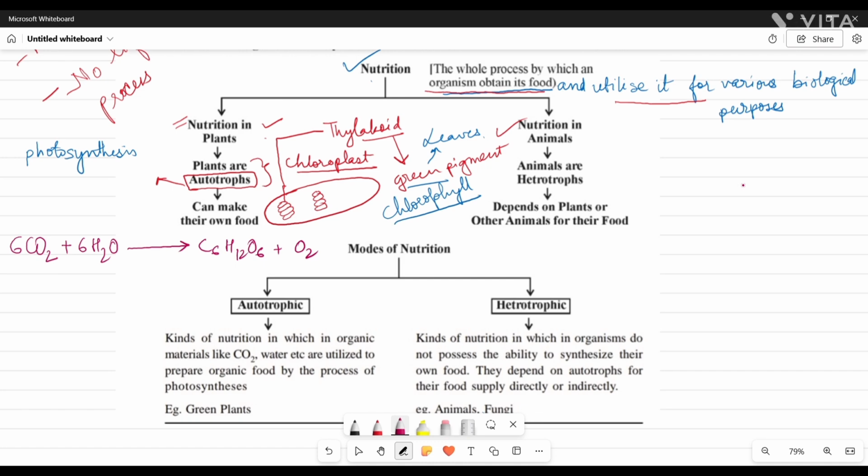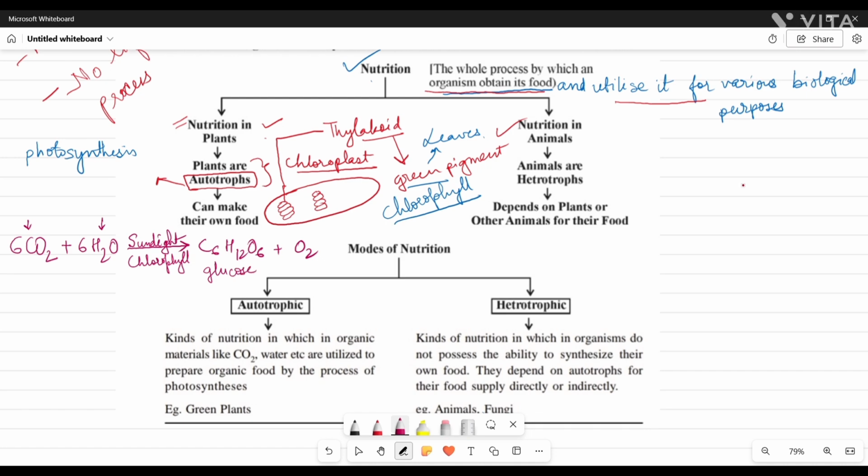Now, this is the process of photosynthesis in one line. It is the only process which can trap solar energy. Plants take in carbon dioxide from the atmosphere. They take in water from the roots. Then, in the presence of sunlight and in the presence of chlorophyll, which is present in the leaves, they make this magic substance which is glucose.